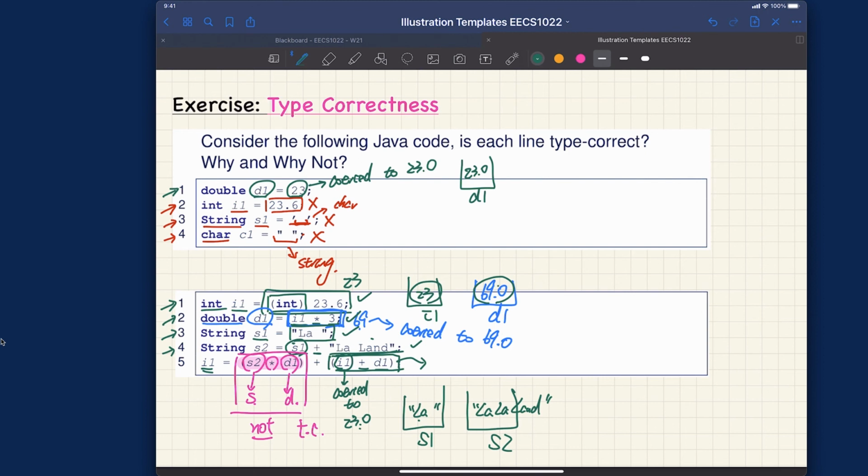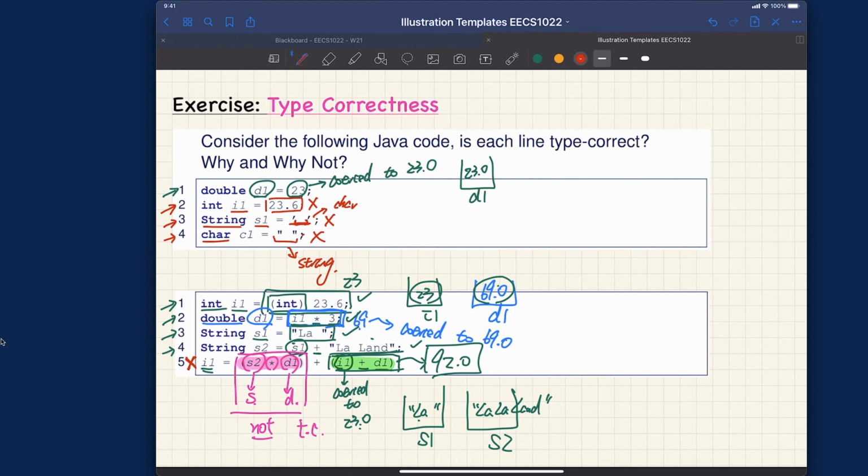You're going to get 92.0, right? Okay, so that's this part over here. However, no use. Even though this part here is actually type correct, this part here is not type correct. So there's no way for you to figure out how to do this particular addition, right? Simply the type for this left hand side, left operand, is unknown. So overall, the conclusion is this line over here does not compile.